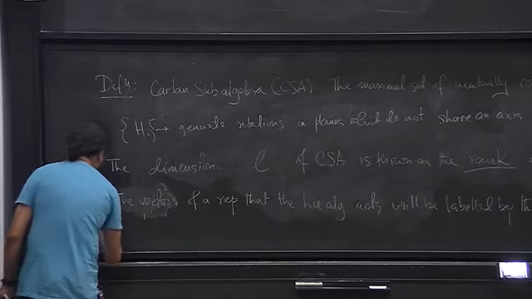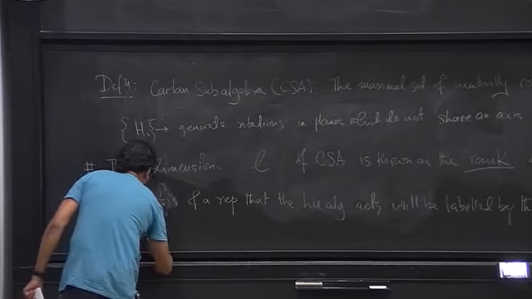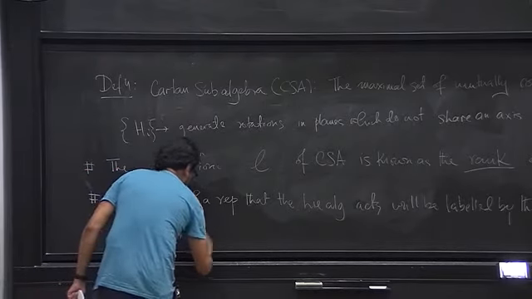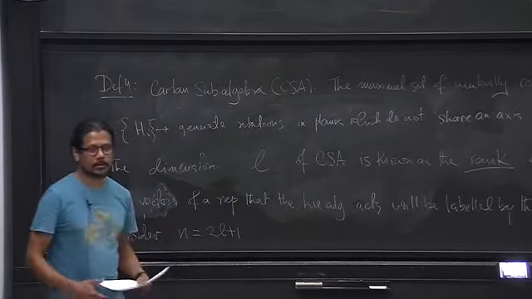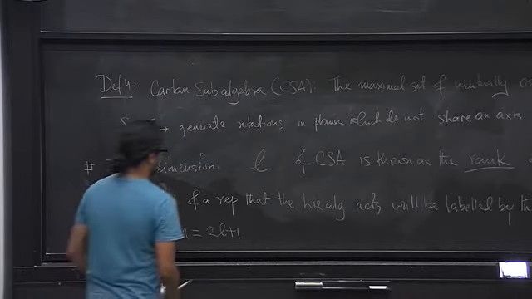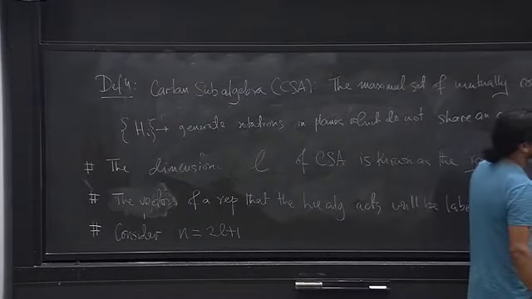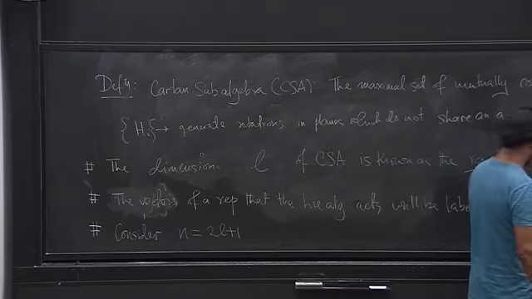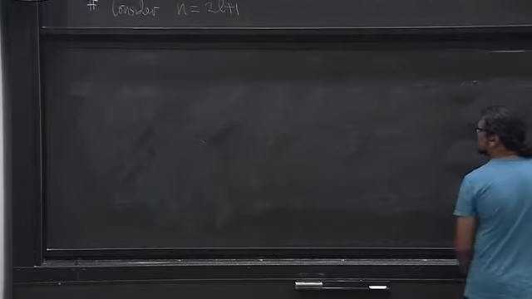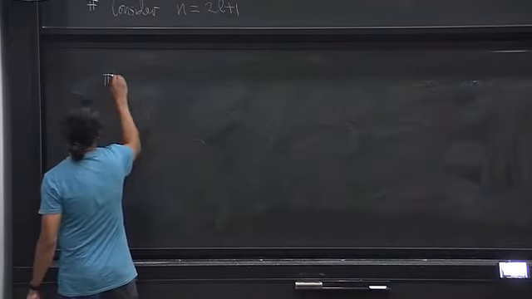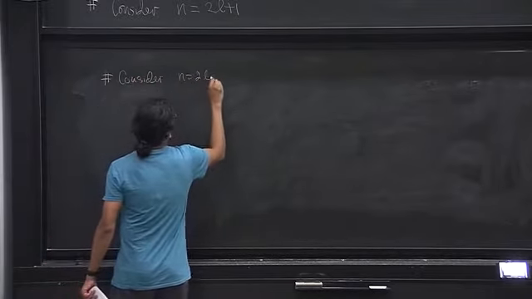So now, consider the case when the n of SO(N) is an odd number. I think this deserves its own blackboard. So consider n is 2l plus 1.